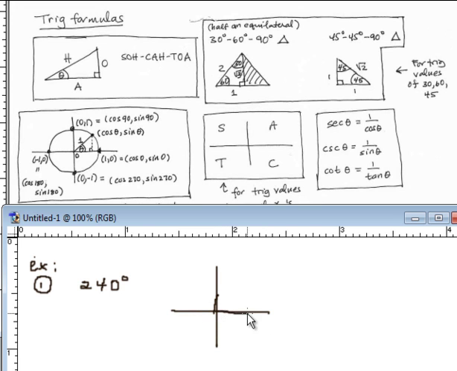The start ray goes along the x-axis. We go 180 degrees, all the way down to 30 degrees short of 270 degrees. So that's 180 degrees and another 60 degrees to get us to 240 degrees.